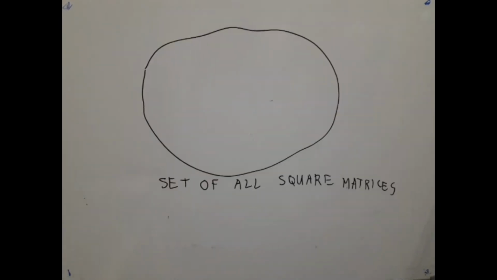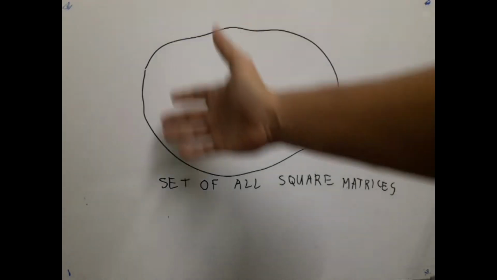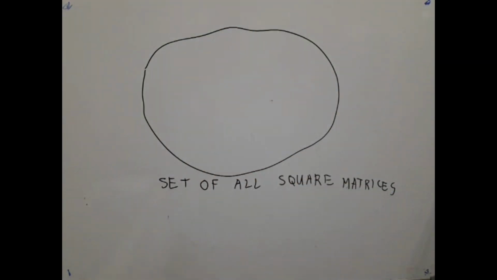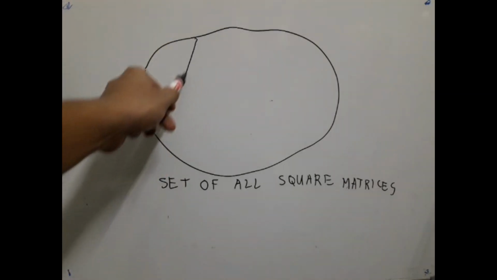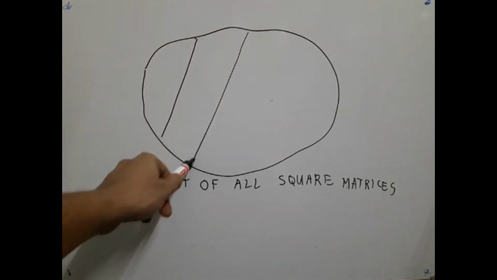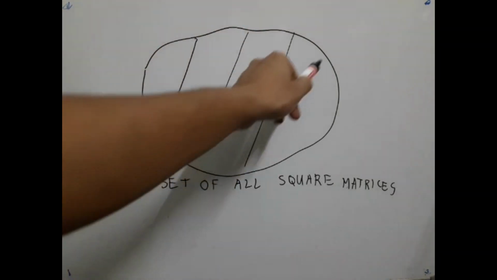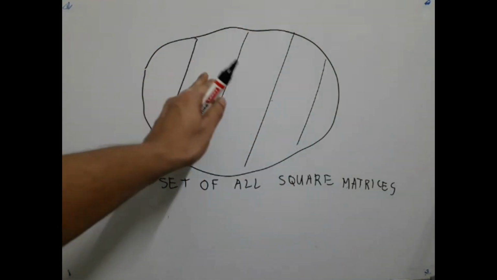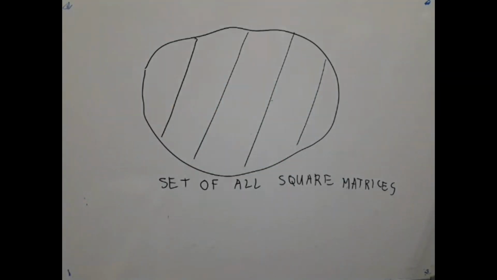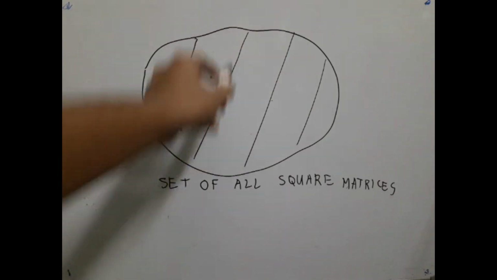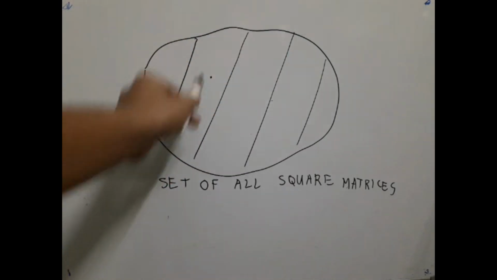Now consider the set of all square matrices, say of some given order. Then similarity introduces a partition of this big set. Thus it splits it up, mutually exclusive and exhaustive, into certain subsets, such that if I take any matrix here and any matrix here in the same block, then they are similar to each other.